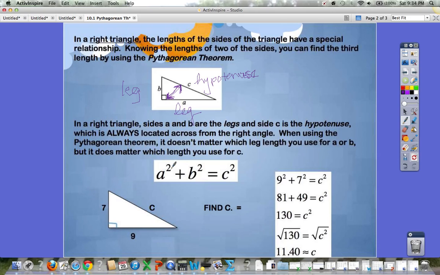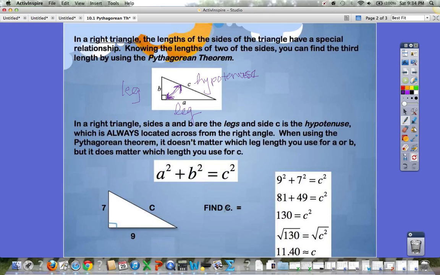All right, so we are going to be using the formula A squared plus B squared equals C squared, C being the hypotenuse. So in our example, we have a side length of 7 and a side length of 9, and there's my right angle, so this is my hypotenuse that we're looking for.